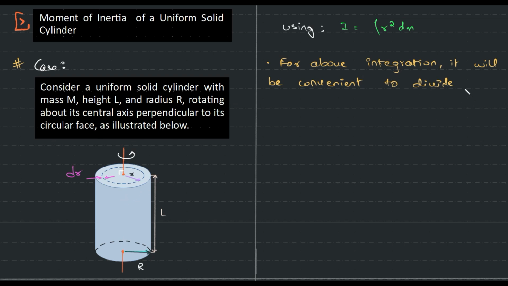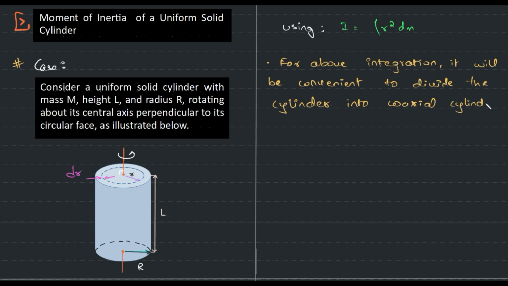It'll be convenient to divide the cylinder into coaxial, that is same axis, coaxial cylindrical shells.